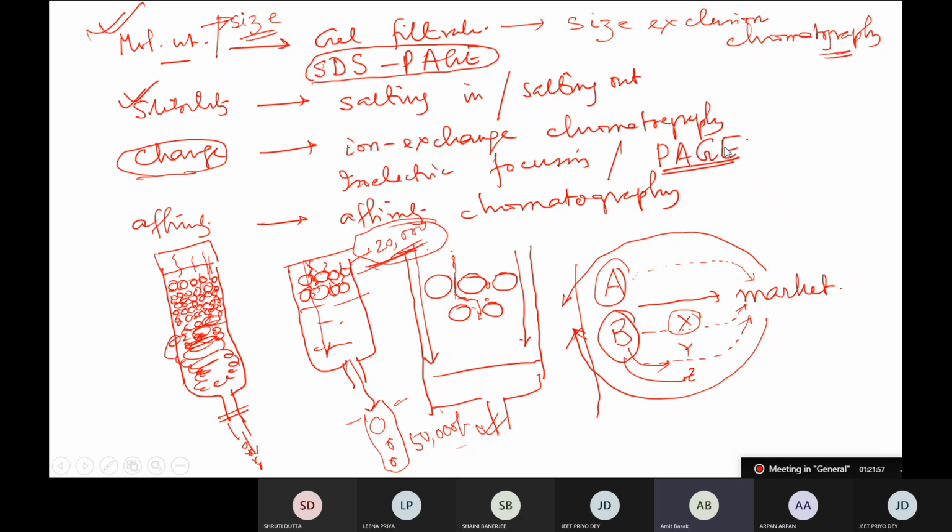What does PAGE mean? I will talk about it. PAGE means polyacrylamide gel electrophoresis. Okay.